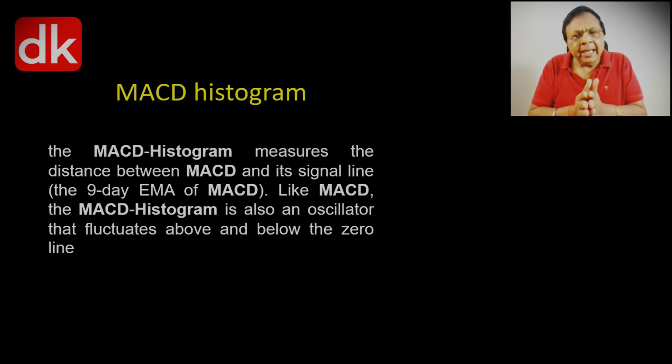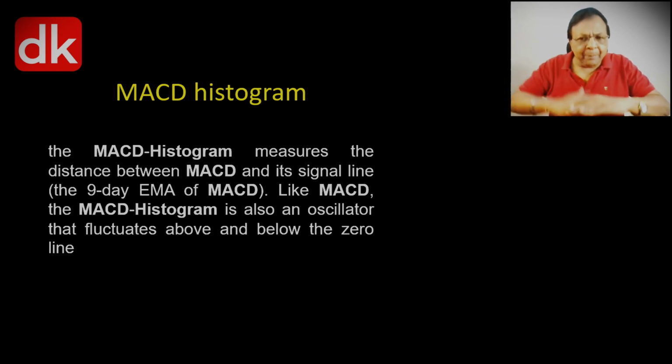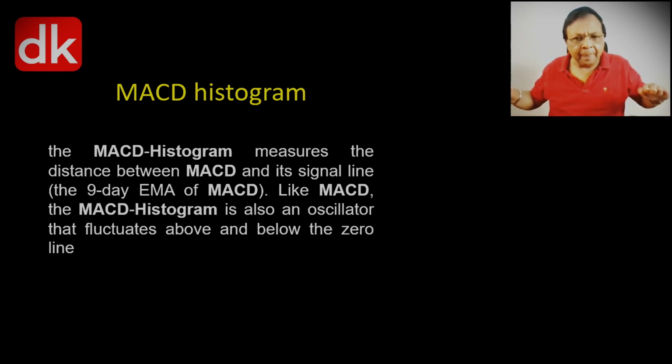In other words, the MACD histogram is an oscillator which oscillates above and below the zero line.